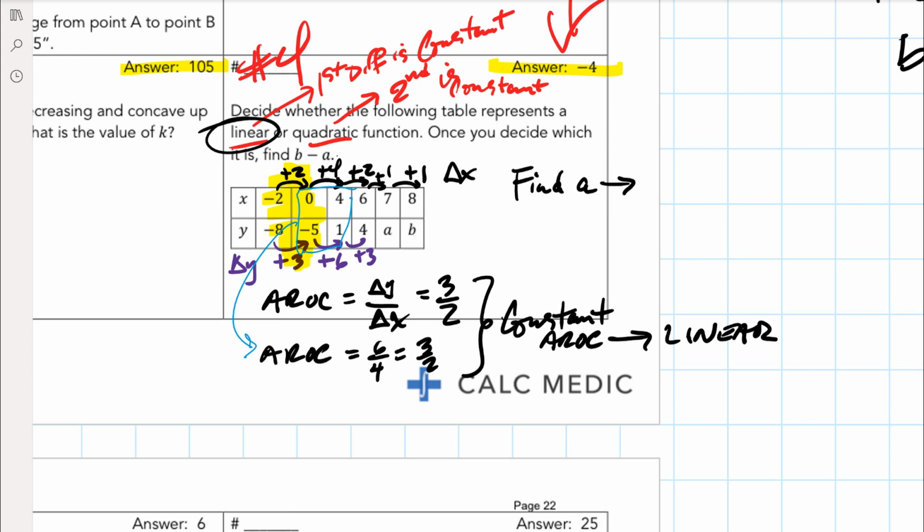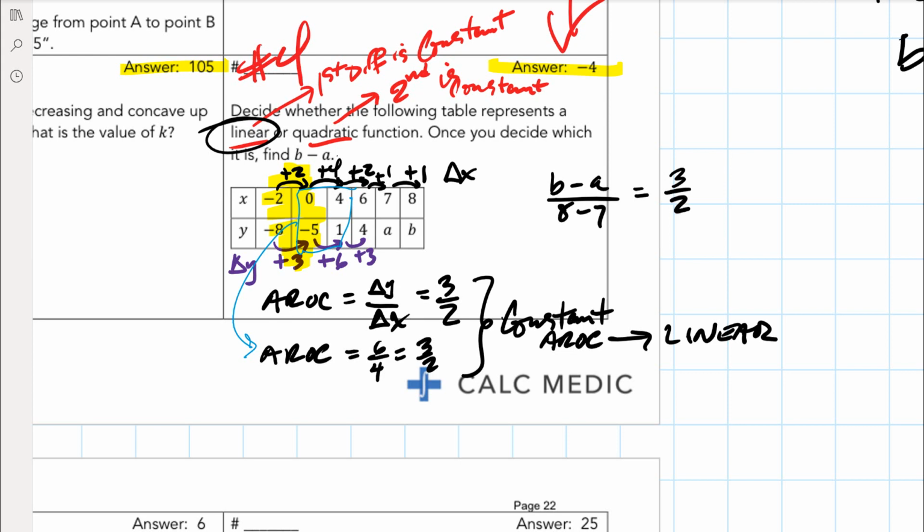How should we do this? Well, you know what? Let's do it this way. Let's just take a look at B minus A. So the average rate of change from A to B is B minus A, divided by 8 minus 7. Okay, that means that, and this average rate of change is constant, so it's equal to 3/2.